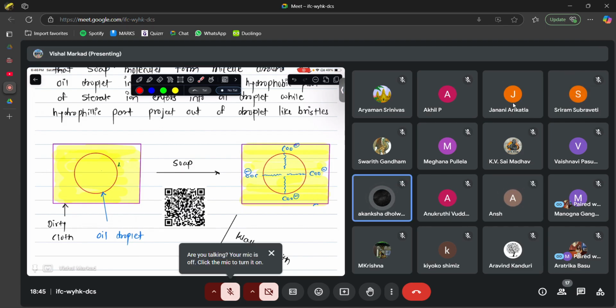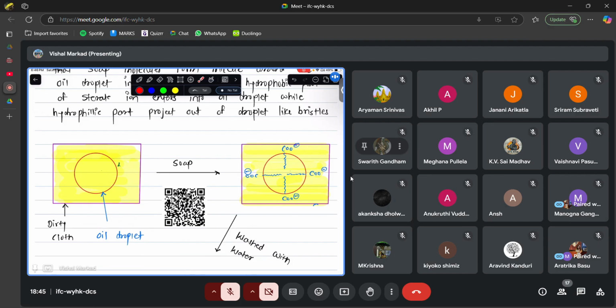The hydrophilic part is moving toward the surface of the oil droplet. And who is moving toward the center of that droplet? Hydrophobic. This is what the arrangement will be. Initially the oil droplet was there alone. Then we added soap. Then micelle formation takes place. This type of arrangement takes place.